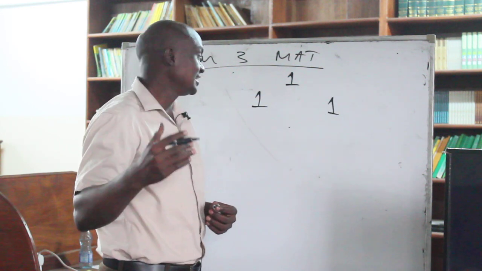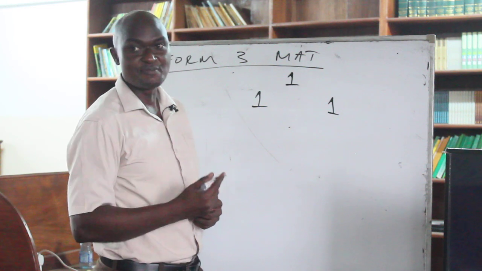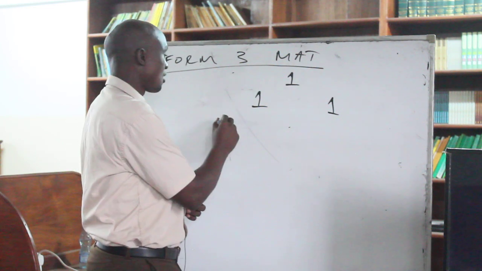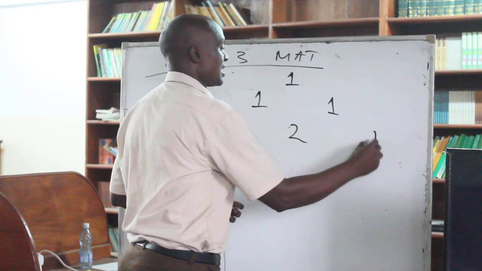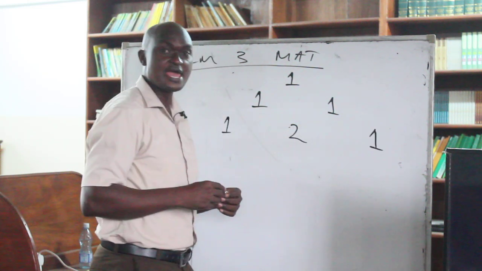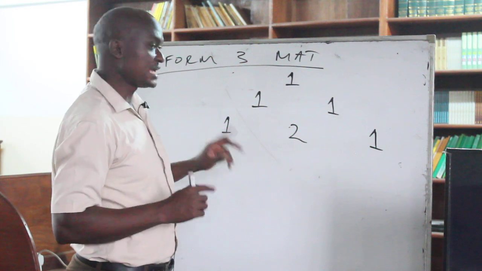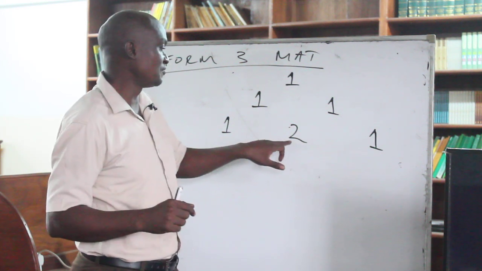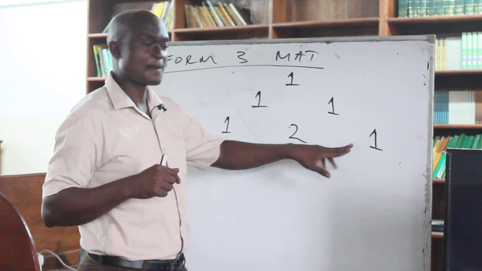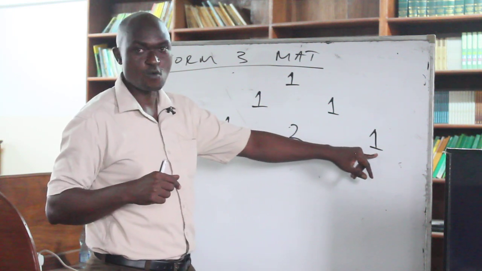When you're expanding to power 2, there will be 3 coefficients: 1, 2, and 1. If you remember, a plus b squared was a squared, coefficient is 1, plus 2ab, coefficient is 2, plus b squared, coefficient is 1.